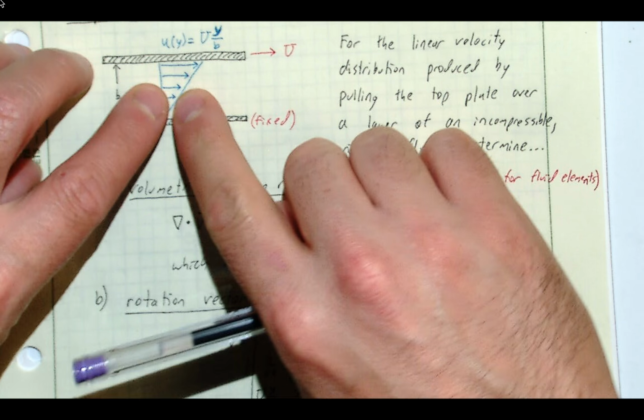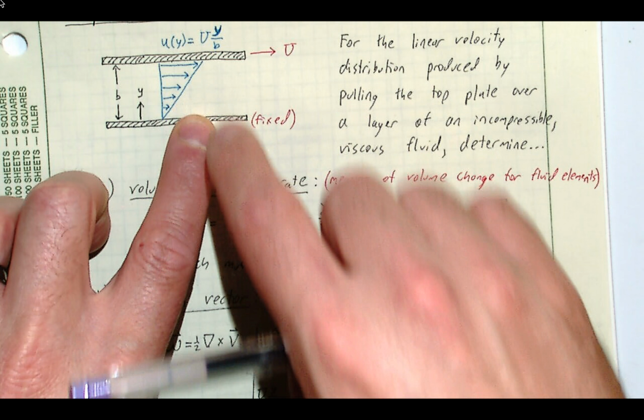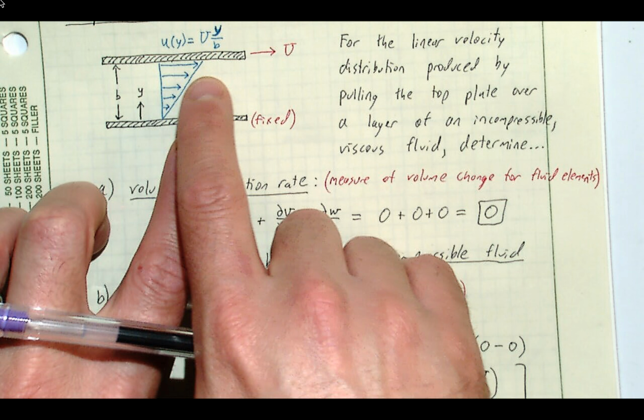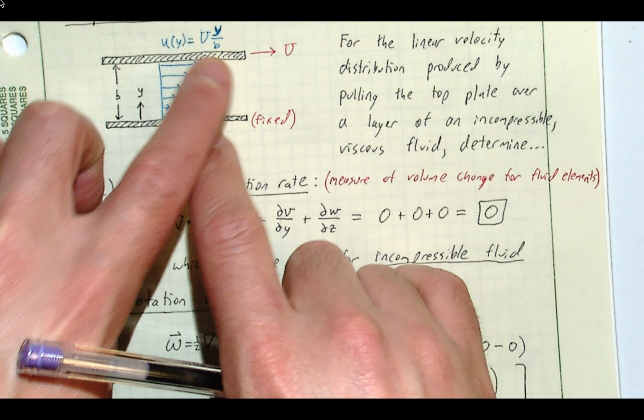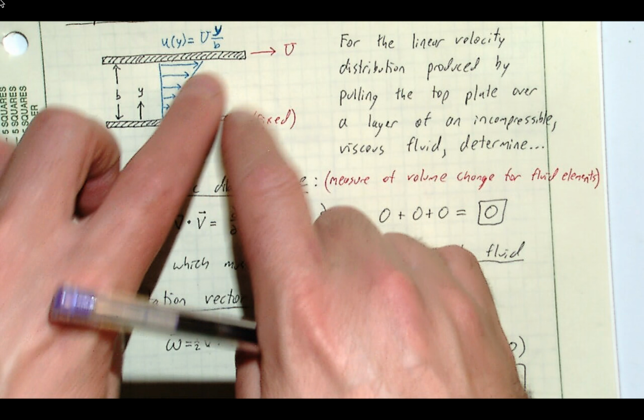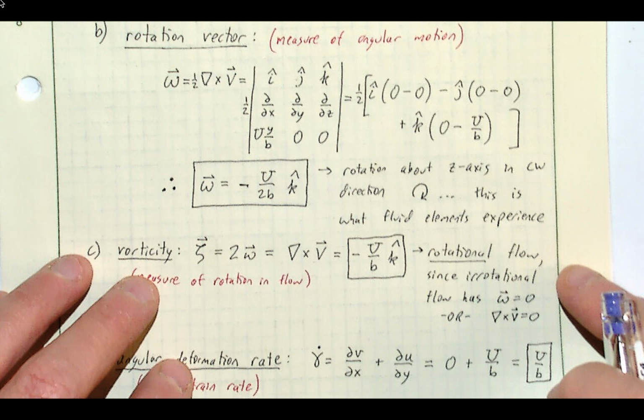And you kind of see that, right? If a particle is originally a square, its top part would have a faster velocity than the bottom part, so it's going to overturn in this way. As the fluid goes, it's going to turn, turn, turn, turn, in a clockwise sense.